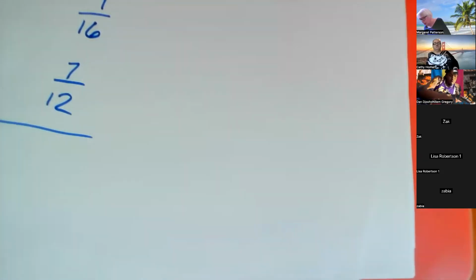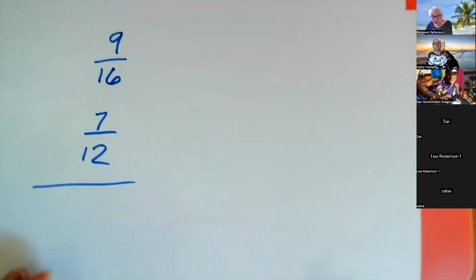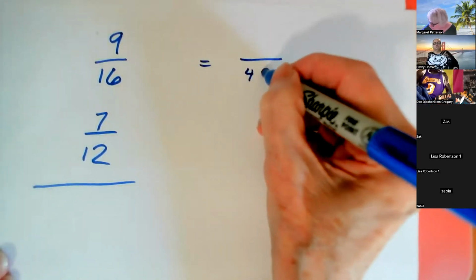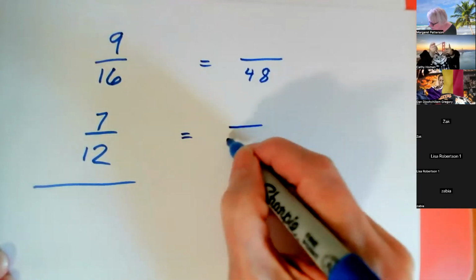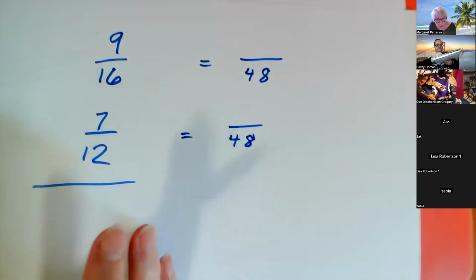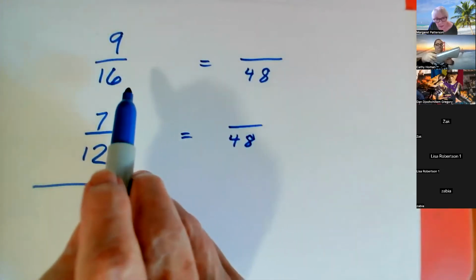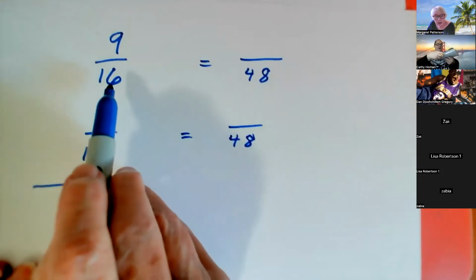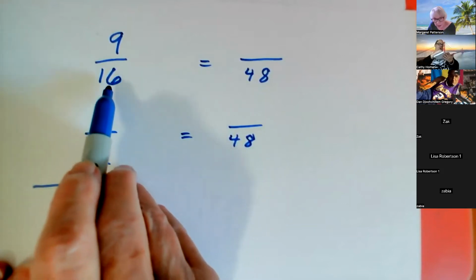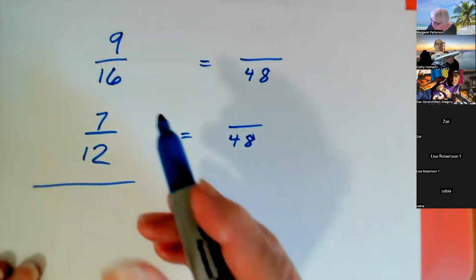This is what's going to happen, and this is the next section. Once we figure out the lowest common denominator, which was also the least common multiple, we then say to ourselves, 16 times what is 48?